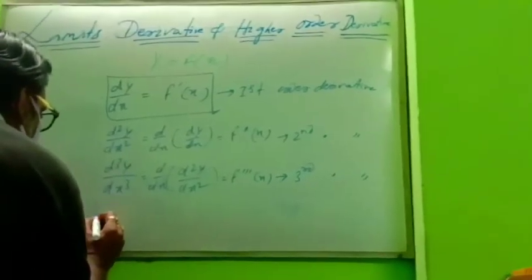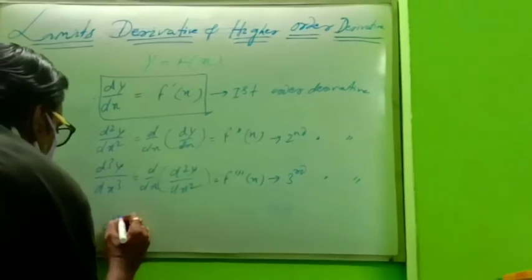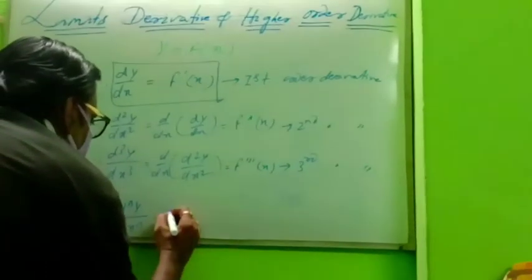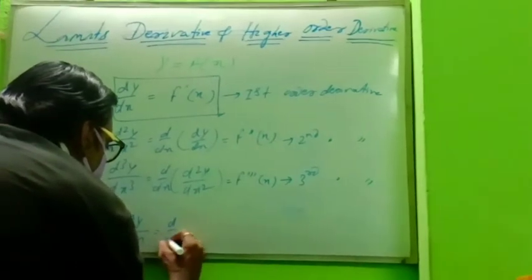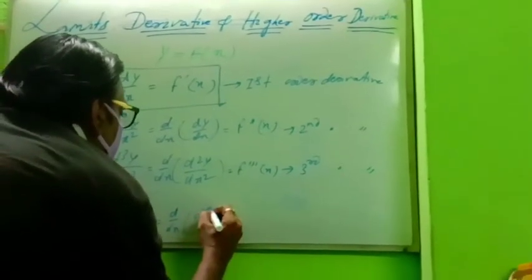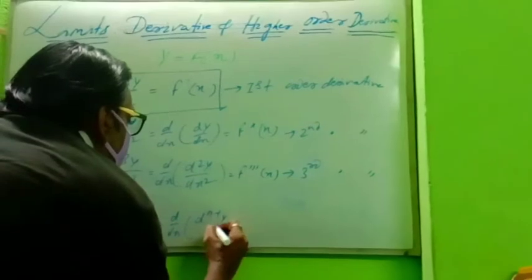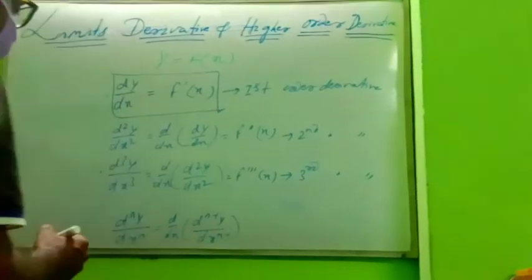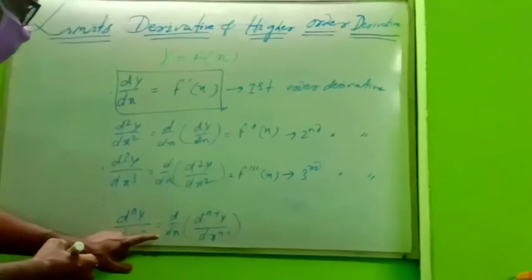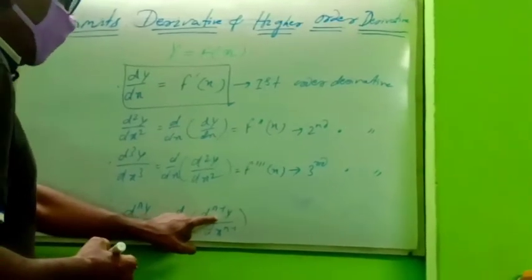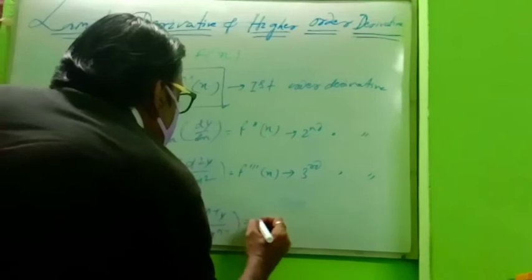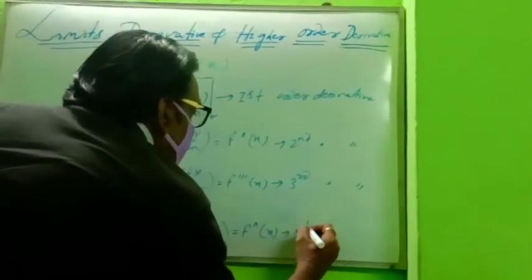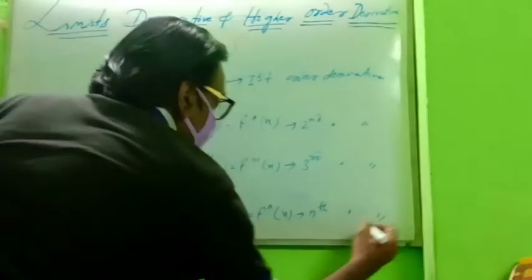Same process in this way, this is called nth order derivative. This is d by dx of d n minus 1 y by dx n minus 1. That means nth order derivative is equal to derivative of the n minus 1 derivative, which is represented as f n x.